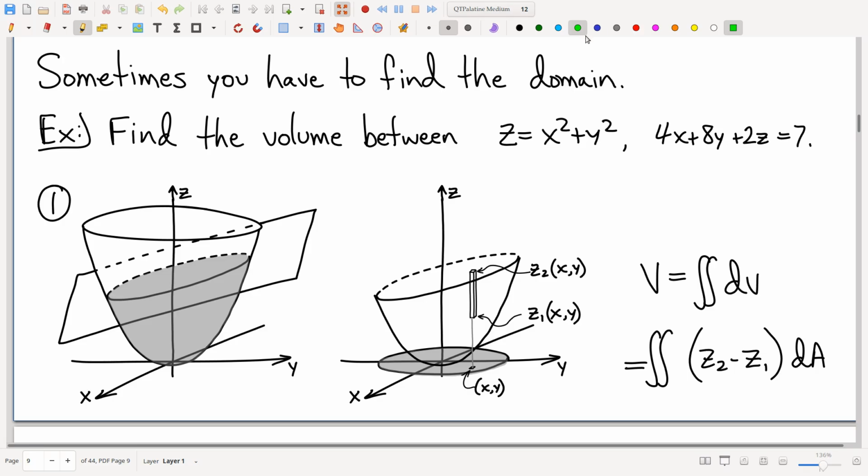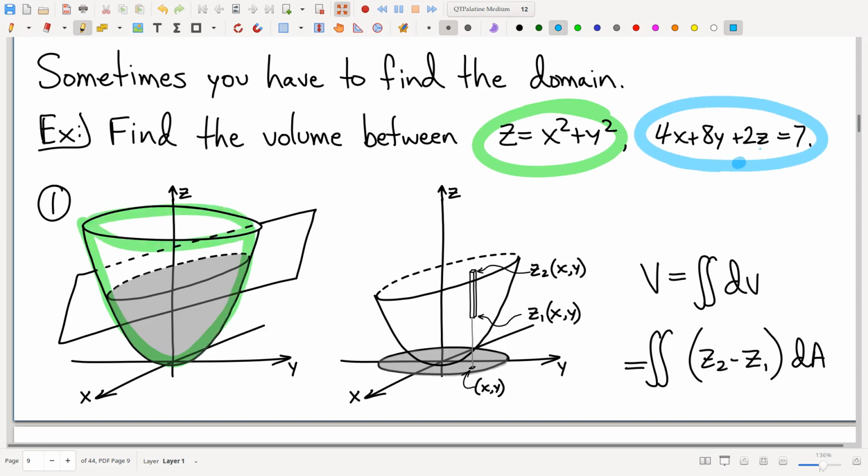We've been asked to consider that surface, which of course we know from before, and this surface, which is a plane, and we want to look at the volume in between. And the volume in between is what I have shaded in gray there, which is a little bit easier to see and work with over here like this. And okay, so that's the volume that we want to compute.